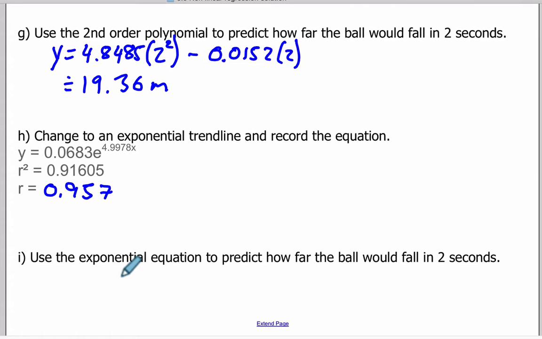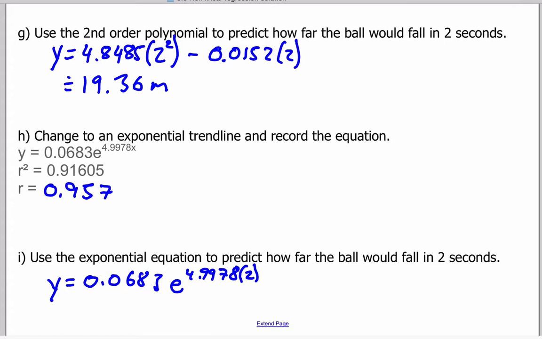But the problem is when we sub into the equation for y equals 0.0683 e to the power of 4.9978 times 2, where 2 is our x value.